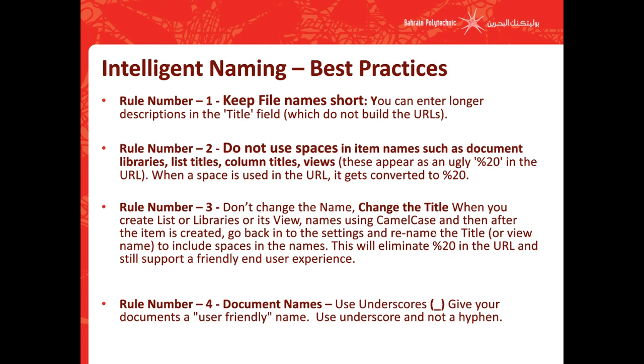Name using camel case: two words, but no space in between. This will eliminate the %20 in the URL. If you really want a space, don't use hyphens, use underscores. To be more user-friendly, use underscores and not a hyphen.